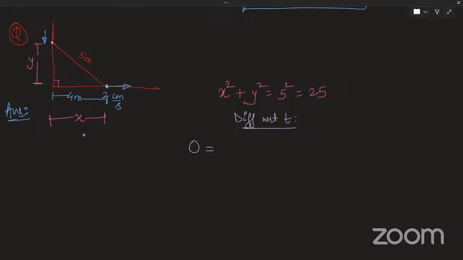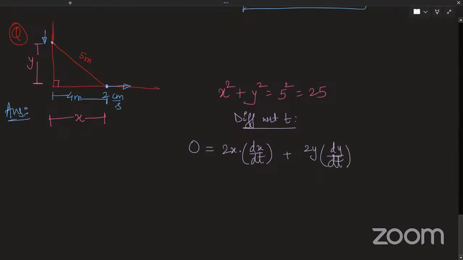Apply the chain rule, it will be 2x into dx by dt, right? Plus, what about y square? How much will it be? 2y into dy by dt. Correct.